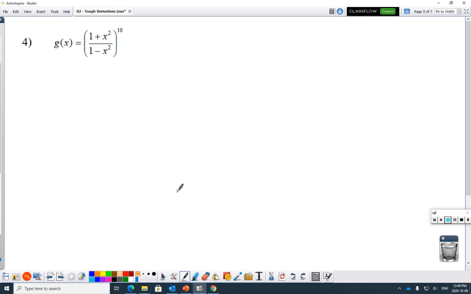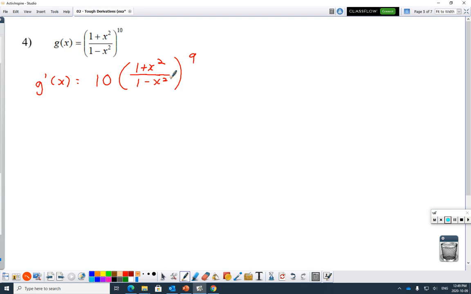Question 4 looks hard, but it can be handled in a slightly different way, in such a way that it doesn't end up being that bad. See, this exponent of 10, if I put it on both the numerator and the denominator before I start, you end up with a pretty big mess. But you could do this: g prime equals, bring down the 10 and reduce the power by 1.